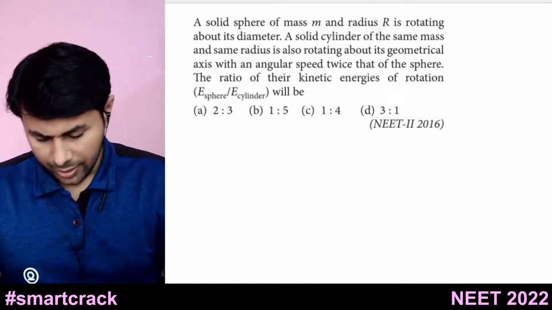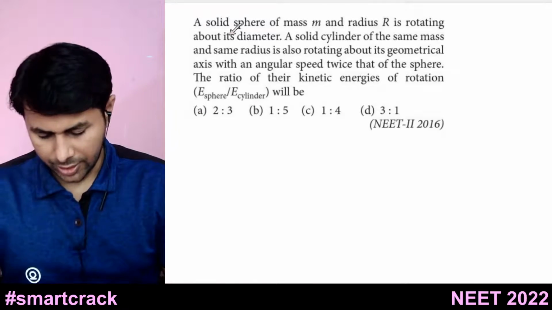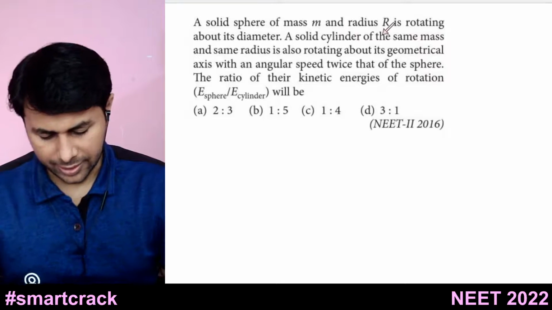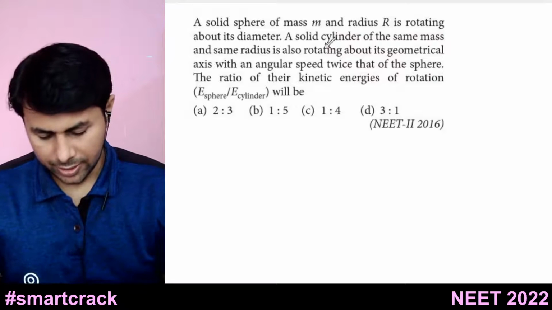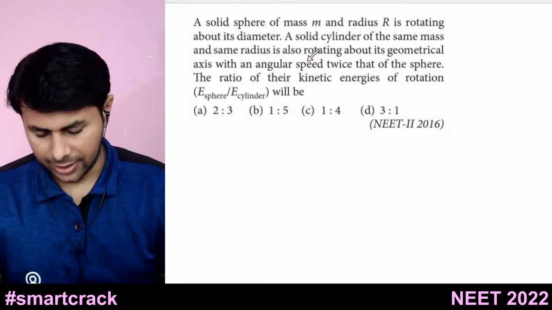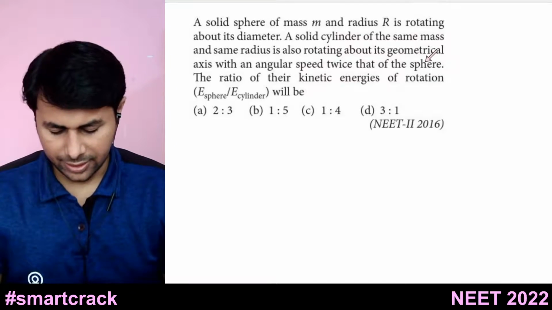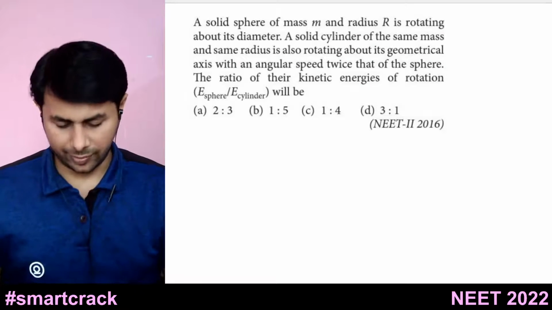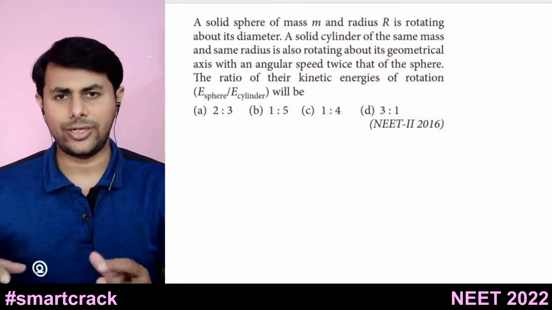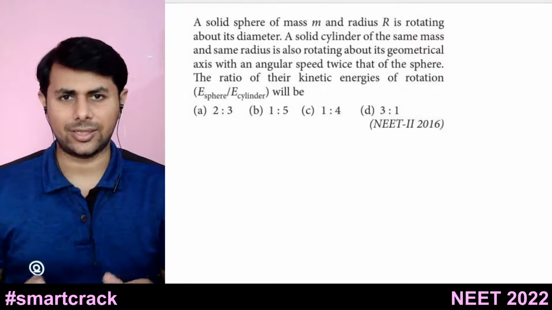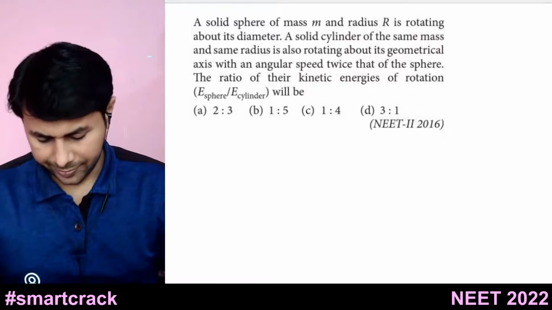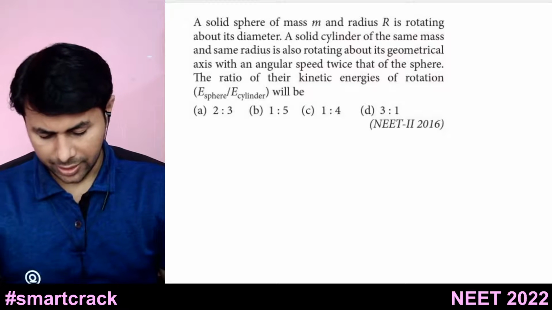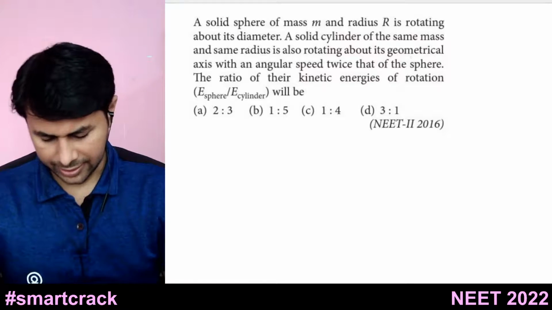A solid sphere of mass m and radius r is rotating about its diameter. A solid cylinder of the same mass and same radius is also rotating about its geometrical axis. So we have a solid sphere and a solid cylinder rotating about their respective natural geometric axis.